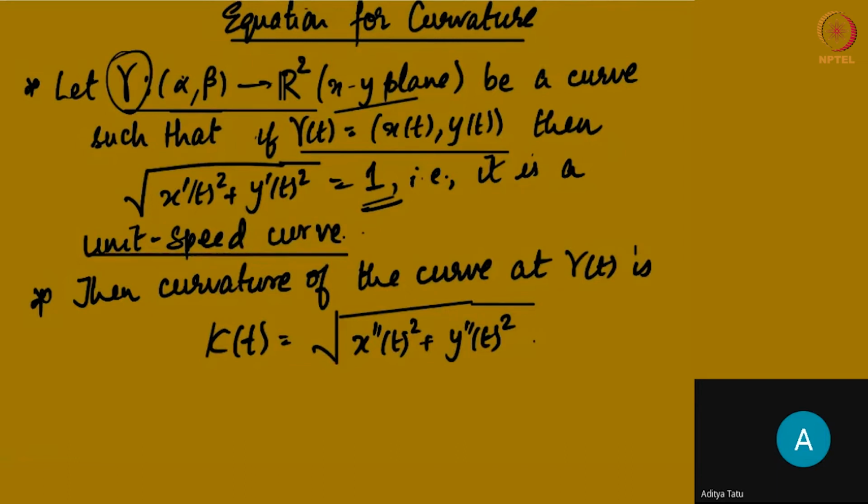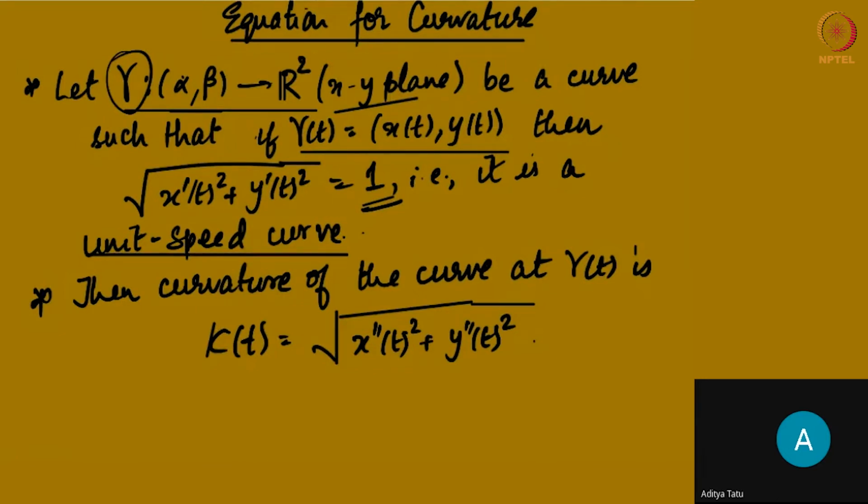It means the point moves on the curve always with speed equal to 1 unit. In some sense, it doesn't have to be 1, it has to be constant speed.